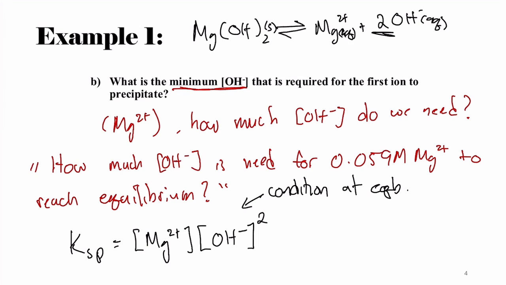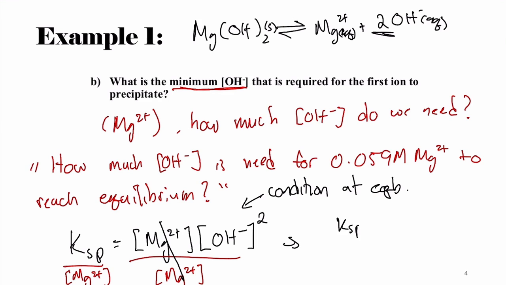And so I know my value for magnesium because that's given to me, that's the concentration in salt water. And I know my KSP, so I just solve for OH minus. The Mg2 plus cancels out on that side.